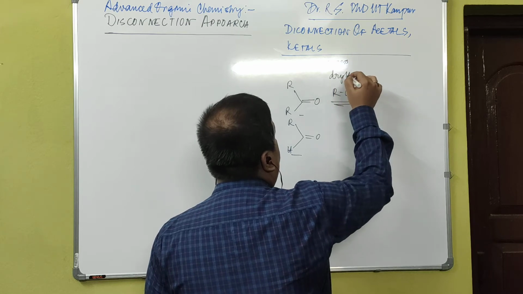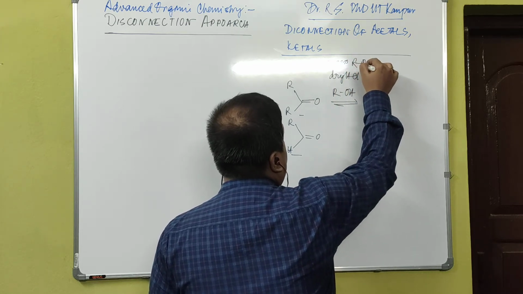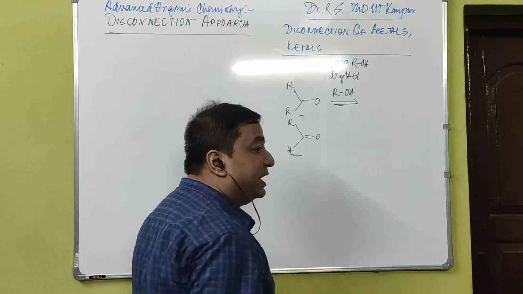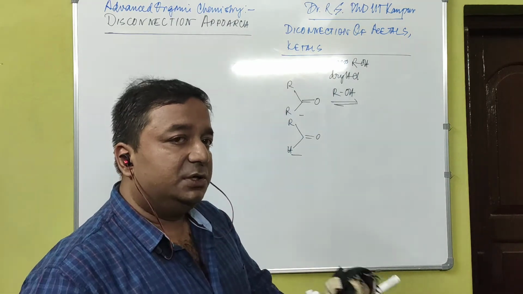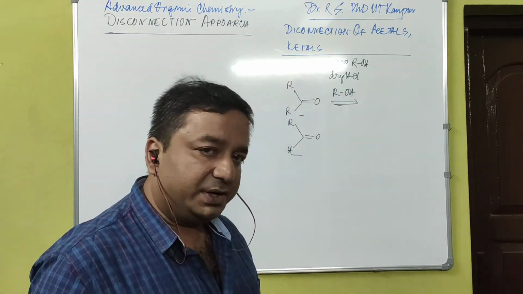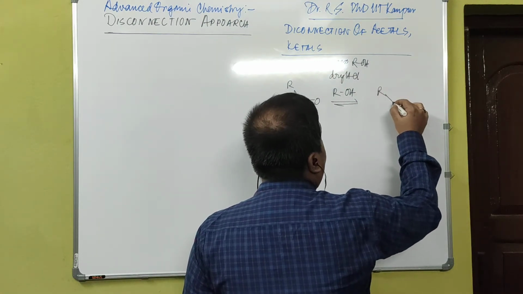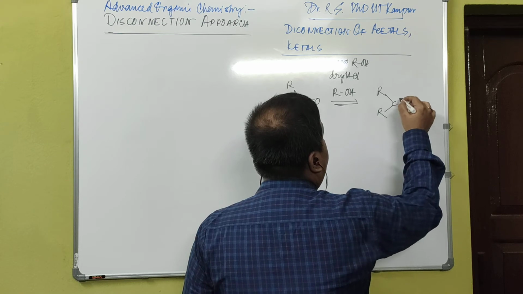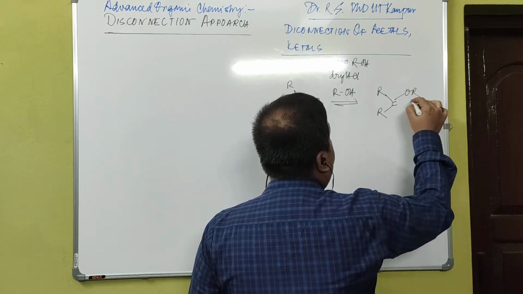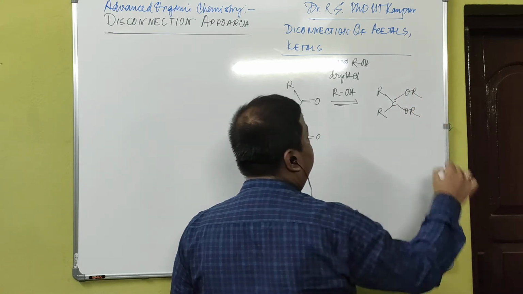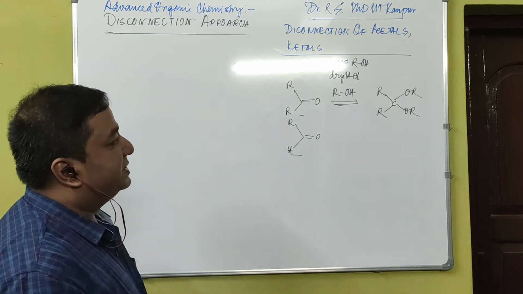What is in excess amount? My ROH. This is a reversible reaction, so you need excess amount of reagent to push the reaction in the forward direction according to the Le Chatelier principle. Okay, so what you will get at the end is this and this.